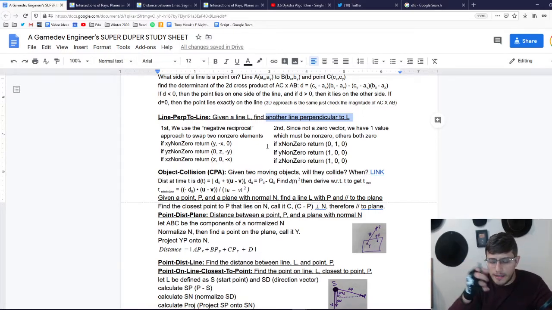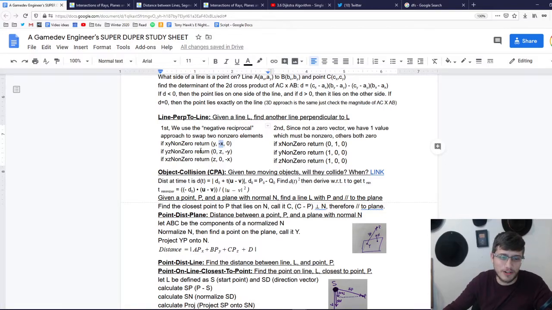In 3D, there isn't really a negative reciprocal, but there's something like it, and that approach is what we could use here. So the idea here is you just want to basically invert one of the elements in order to get the negative reciprocal, okay? So if x and y are both non-zero, then you can just invert x or y.